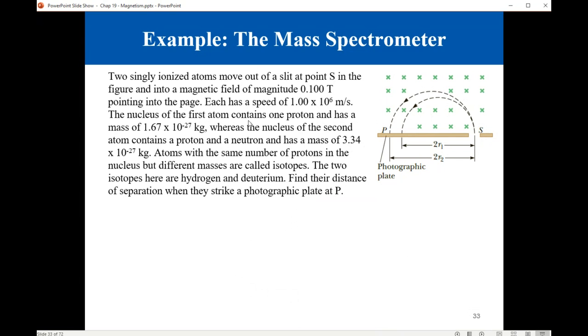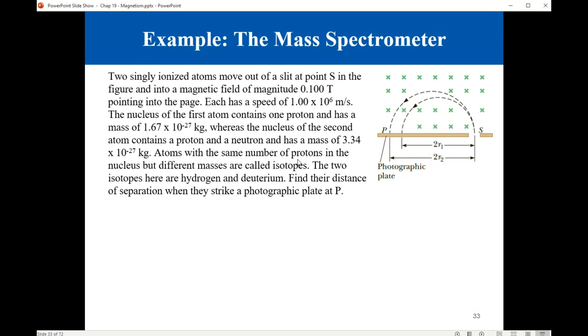The nucleus of the first atom contains one proton and has a mass of 1.67 times 10 to the minus 27 kilogram. This is the mass of the proton. Whereas the nucleus of the second atom contains a proton and a neutron and has a mass of 3.34 times 10 to the minus 27 kilogram. This is deuterium. So these are the two isotopes of hydrogen. The first one is the ordinary hydrogen, the other is deuterium.